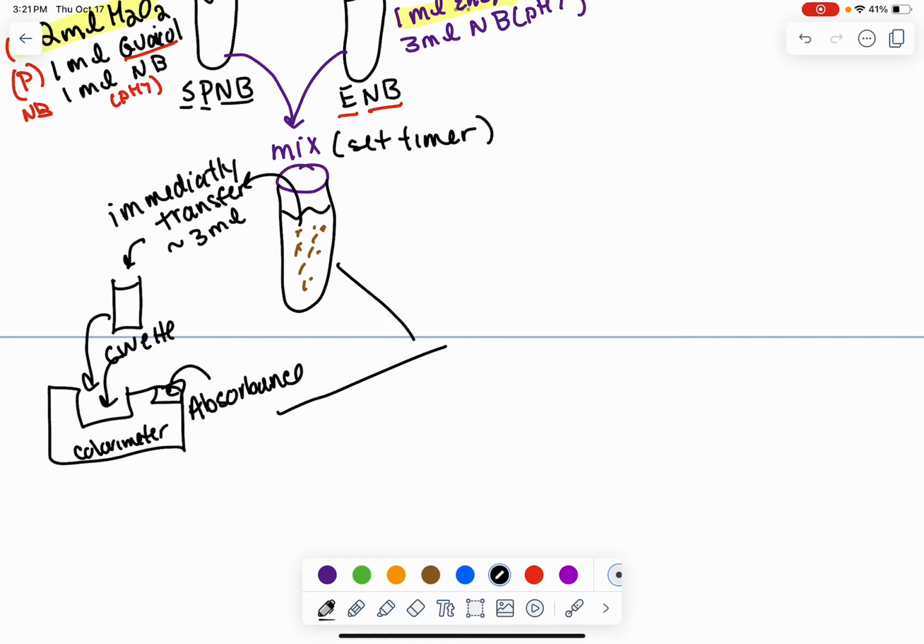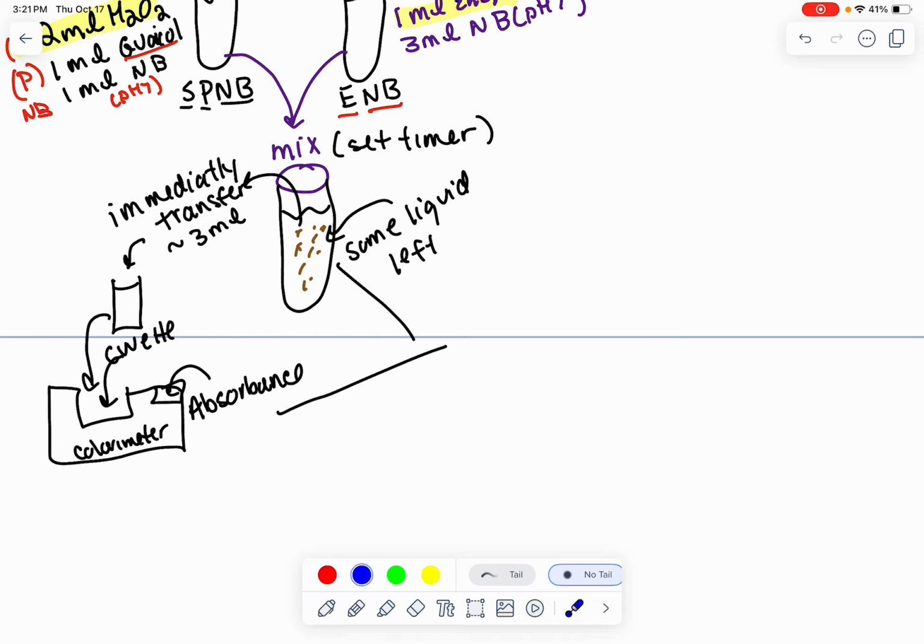You're going to have some liquid left in the tube, because you're only transferring about 3 mL into the cuvette. So every minute for 5 minutes, you're going to take 2 readings.